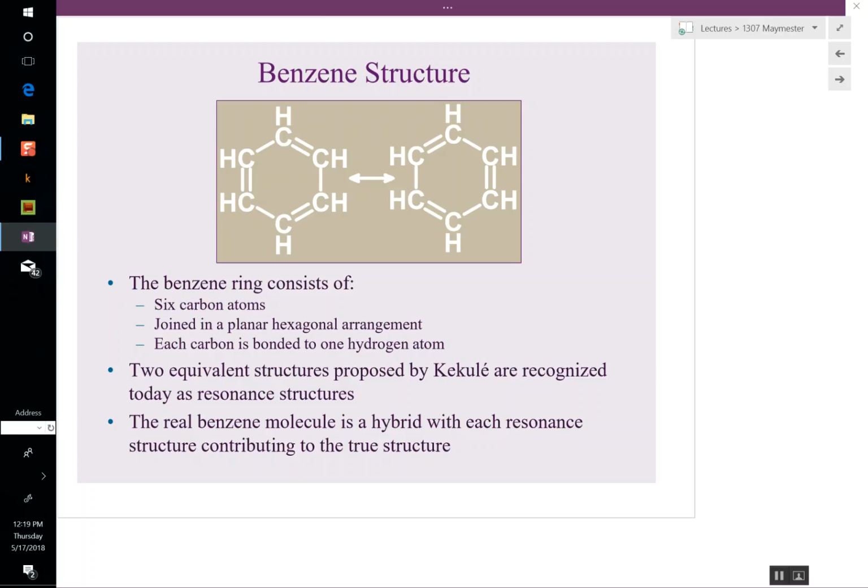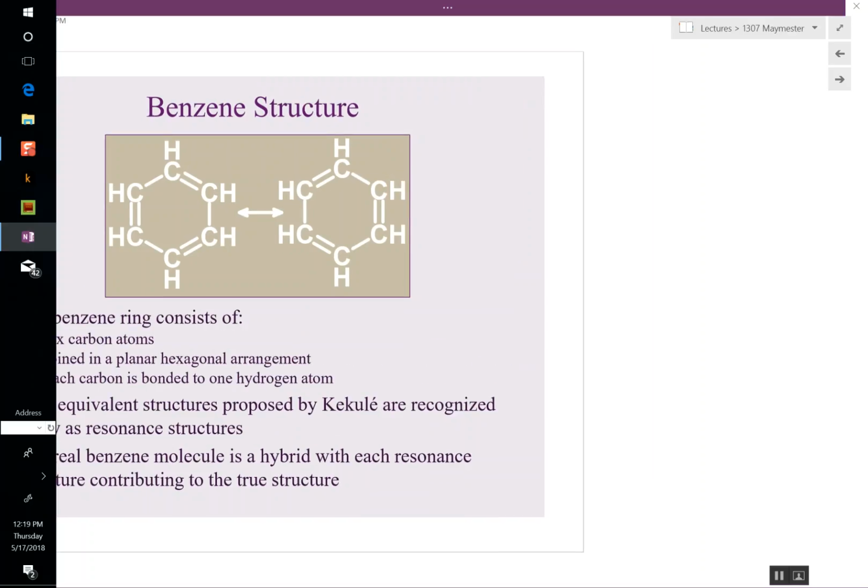Don't put two double bonds next to each other. They're alternating double bonds. And because it has two different ways of drawing it, we say these are resonance structures. There's two identical ways of drawing the benzene using single and double bonds.